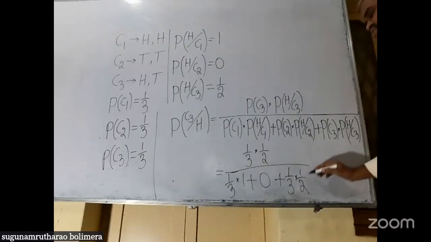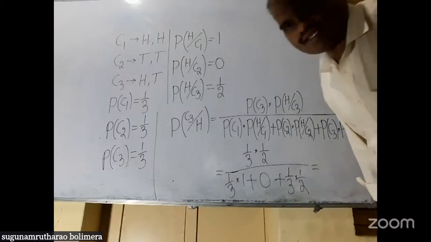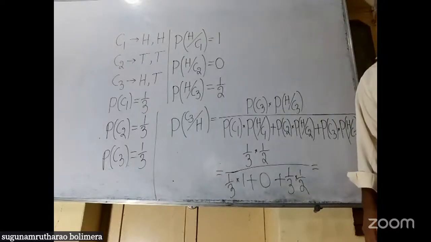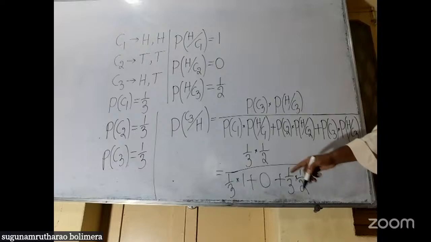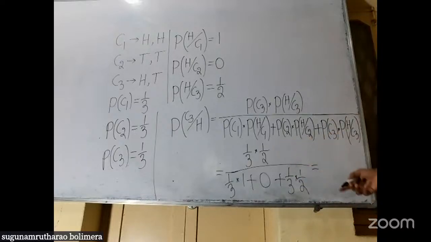What is the answer? The answer is 1 by 3. Correct? 1 by 6 over 1 by 3 plus 1 by 6. Taking LCM, this is 2 plus 1, obviously 1 by 3.